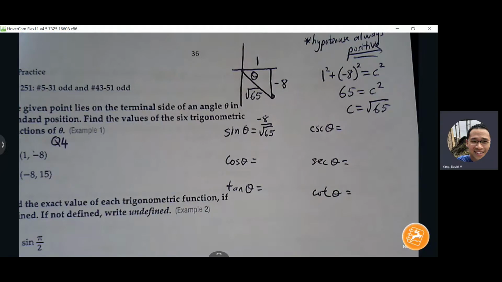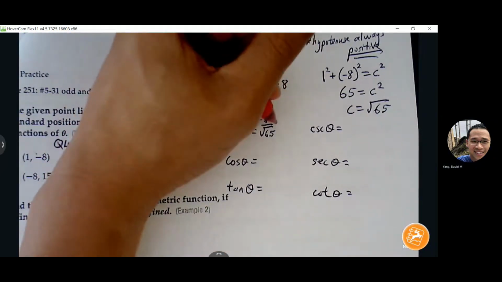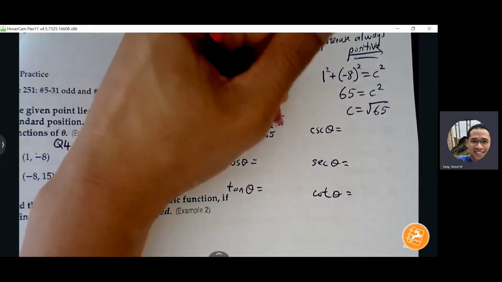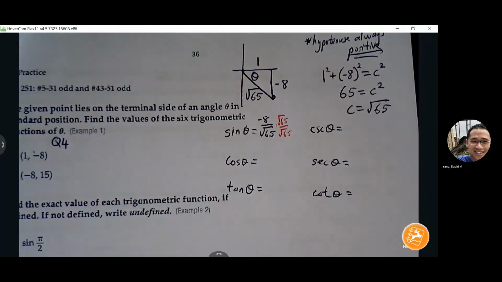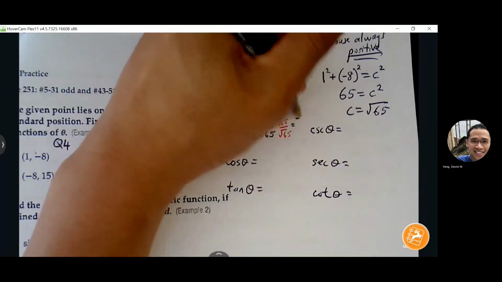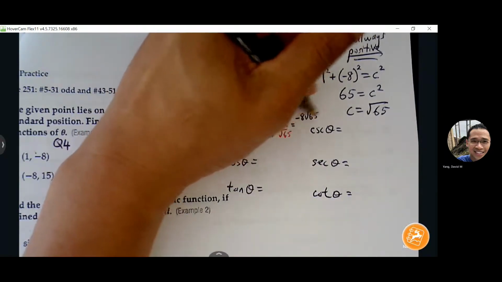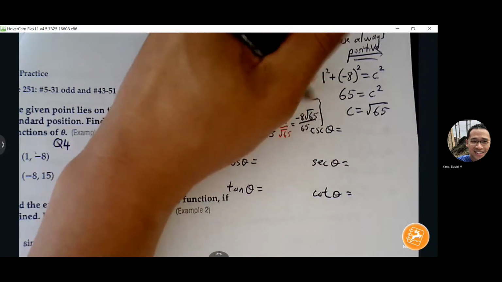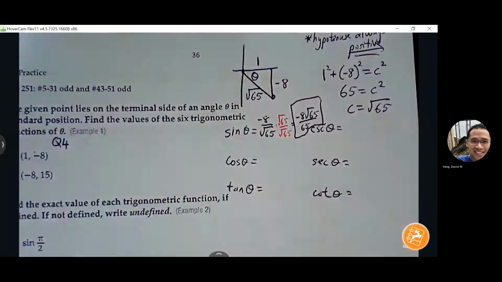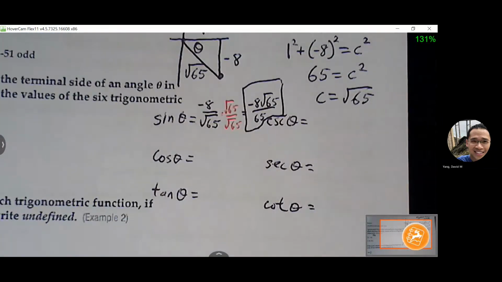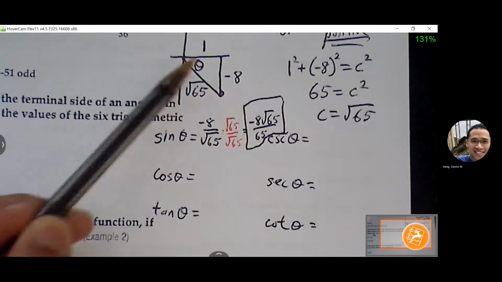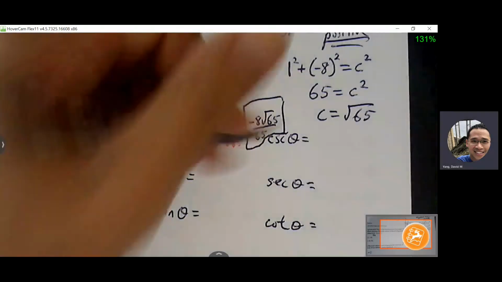We want to rationalize the denominator, so we multiply by root 65. Cosine is adjacent over hypotenuse.